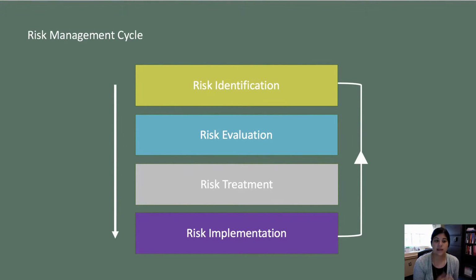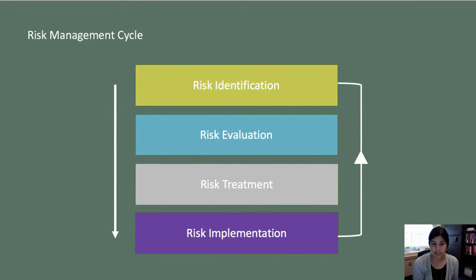But ultimately, this risk management process or cycle is something that is circular, right? You can see that in the model here, that all risk management starts with this process of identifying risks. From there, there's a level of evaluation that occurs of those risks, and then specific treatment methods are determined. From there, actual action is taken, right?